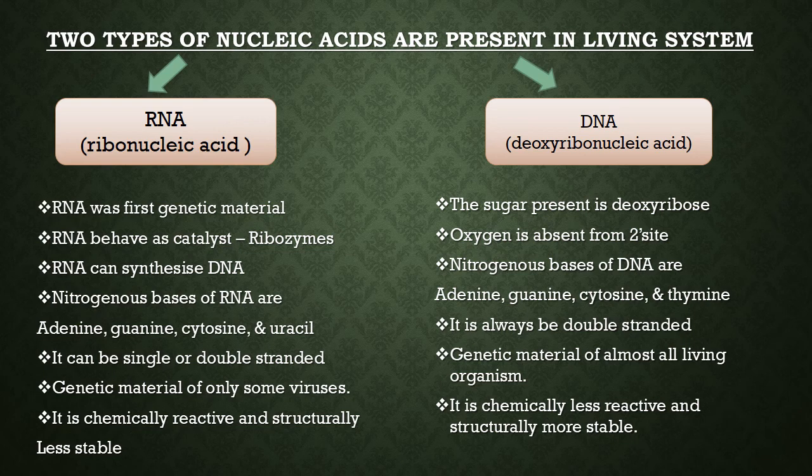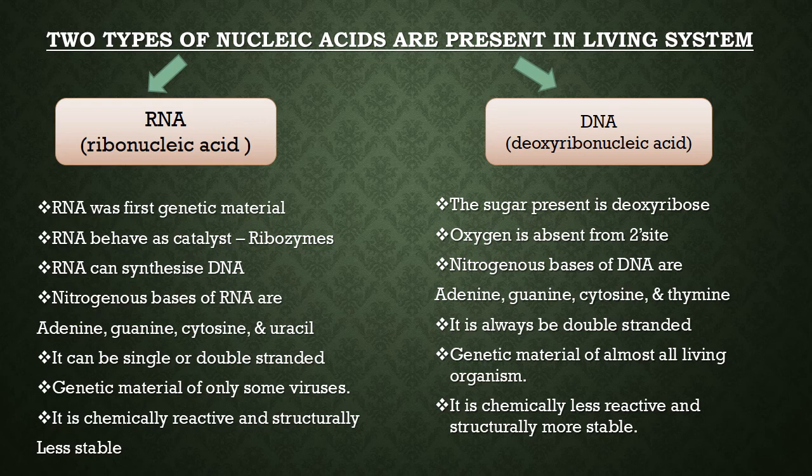When RNA is used as a catalyst, it is called ribozymes. RNA can synthesize DNA. Nitrogenous bases of RNA are adenine, guanine, cytosine, and uracil. It can be single or double stranded. RNA is the genetic material of some viruses. It is chemically more reactive and structurally less stable.